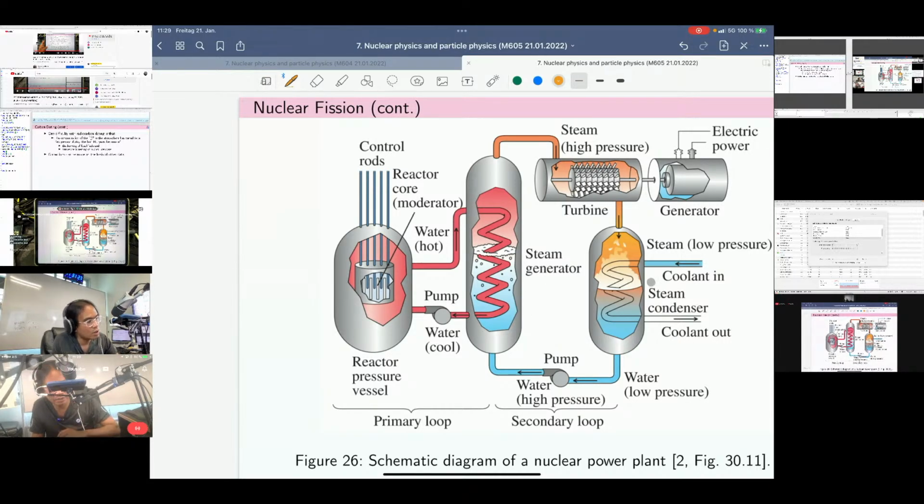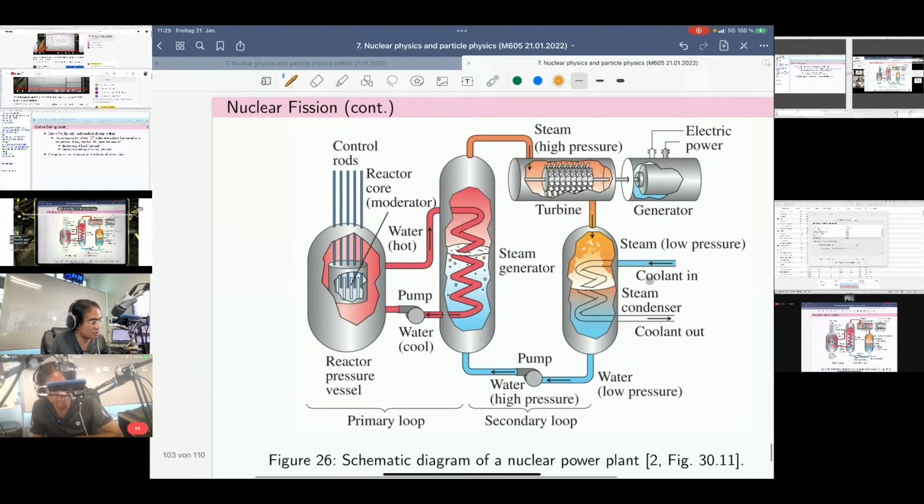This is the primary loop. Please note that this is denoted by the red color. It means the water here is at a very high temperature, and in the second round, this is the clean or lower loop of water.